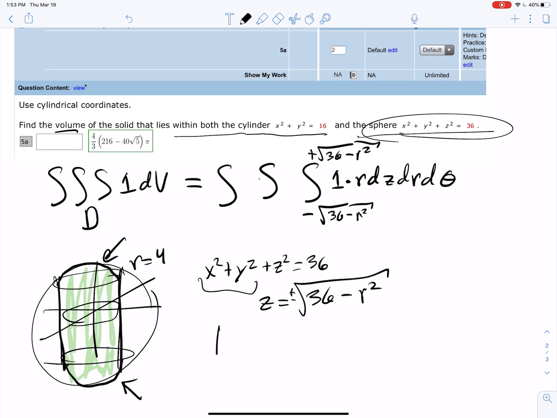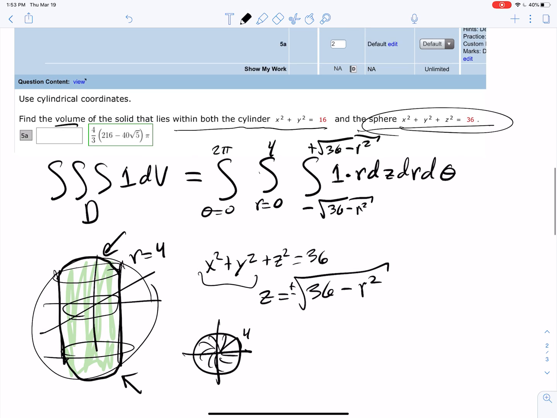And then in the xy plane, we have this circle, radius 4, and we have all the thetas between 0 and 2 pi. So theta, 0 to 2 pi, r, 0 to 4. Okay? So now we've got ourselves an integral, and we just need to work out what that integral is.